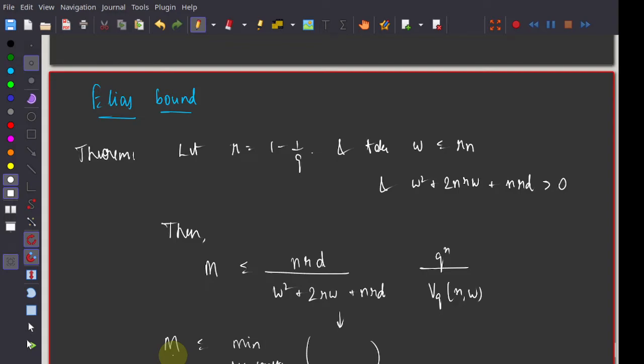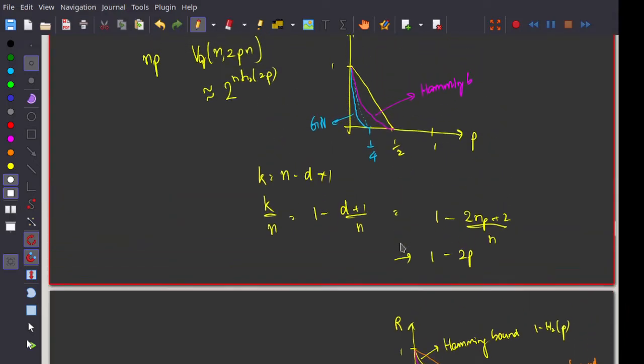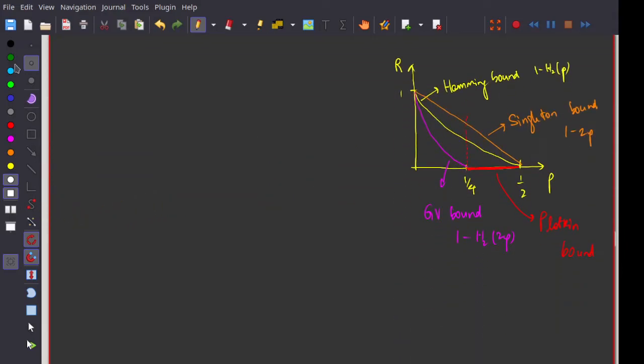In general, the Elias bound is weak for finite n. But as it turns out, if you plot the Elias bound for the binary case and asymptotically large n, then we get something which looks like this. This beats all previously known bounds.